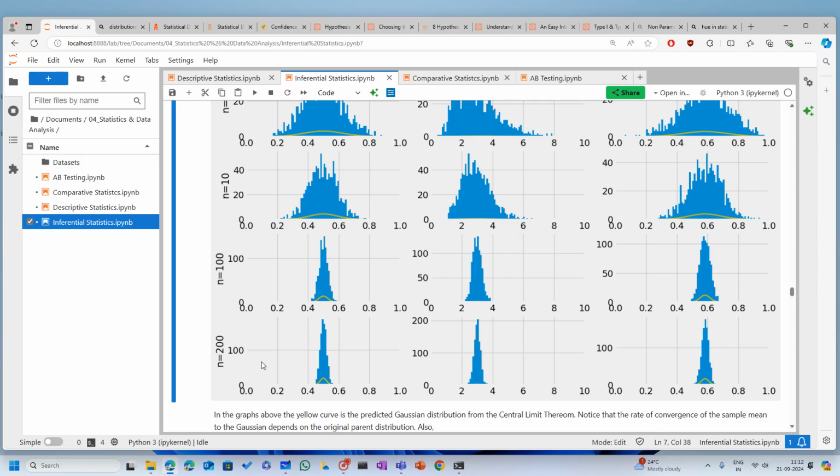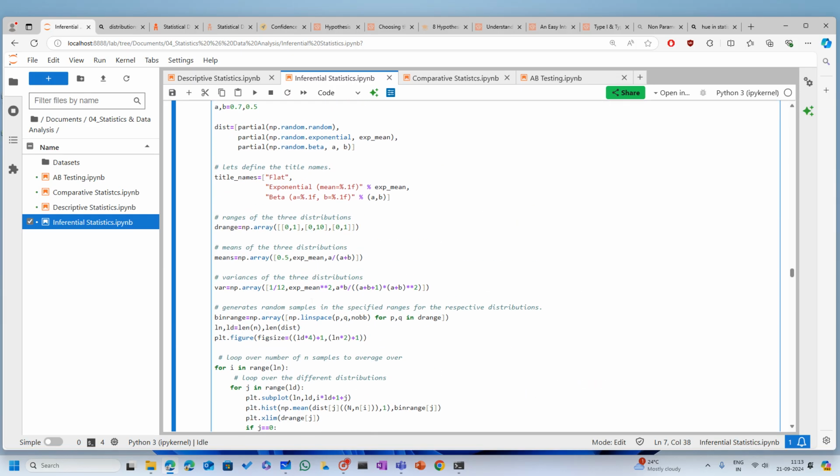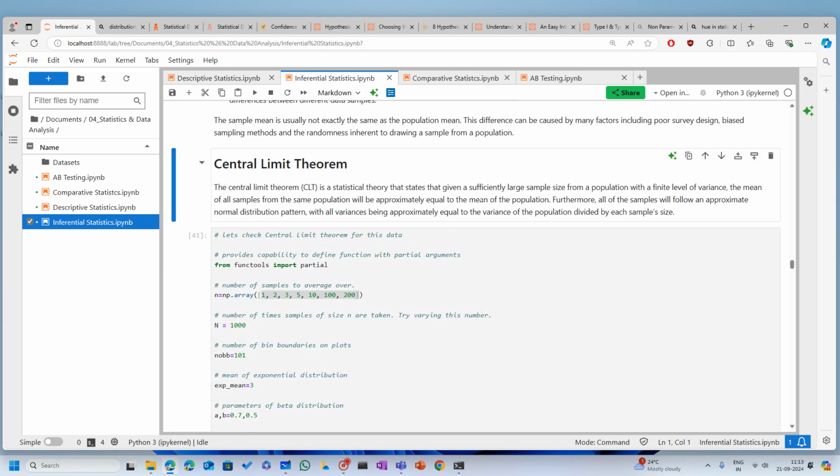So essentially this is what central limit theorem says: the mean of the sample will resemble the mean of the population if you increase the sample size. That is what central limit theorem is saying.